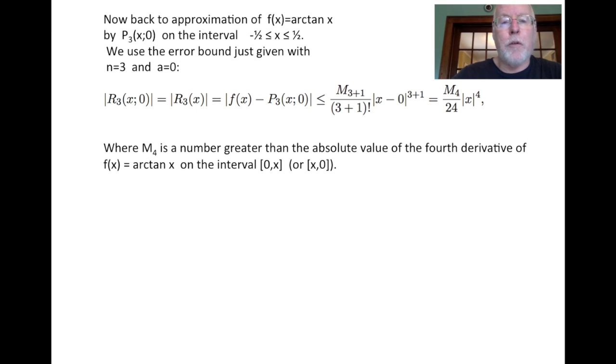So let's go back to our problem of approximating arctangent of x by its third degree Taylor polynomial centered at 0 on the interval minus 1/2 to 1/2. We're going to use the error bound just discussed.